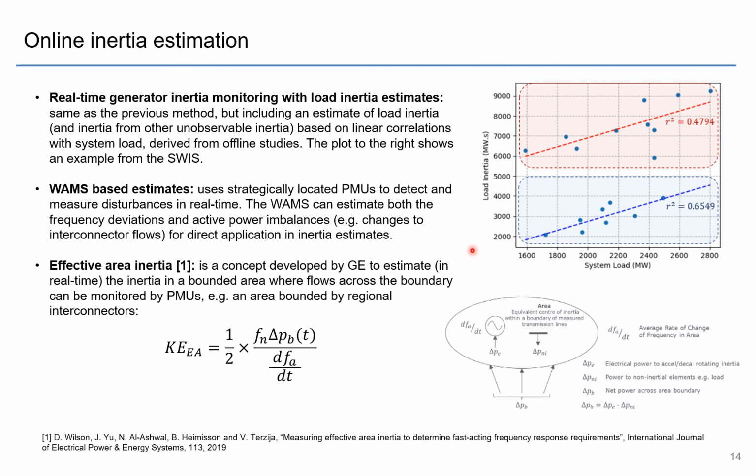So if you had an area that is completely bounded by interconnectors, for example, such that you can actually measure the flows across the boundary, so flows in and out of the boundary, and you can measure all the power within the boundary, so all the generators and all the loads, then technically you can calculate the inertia across the boundary or in that area.